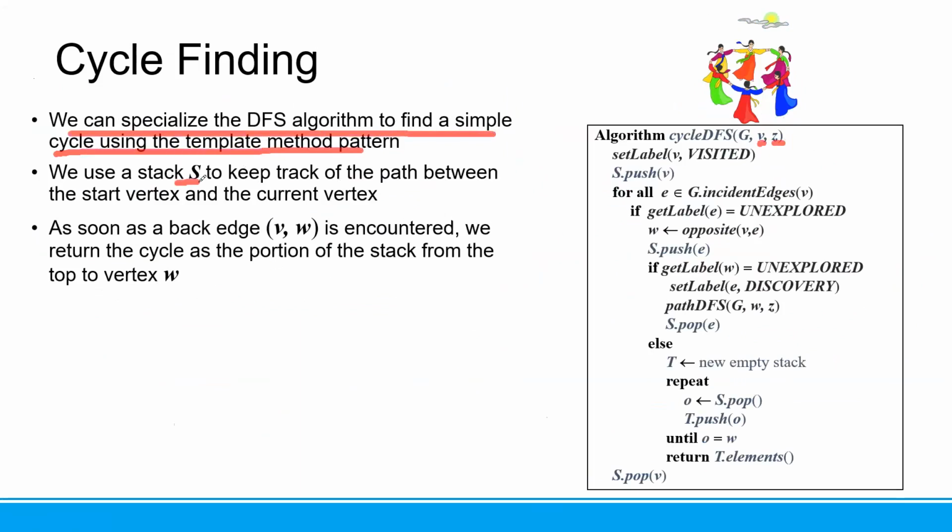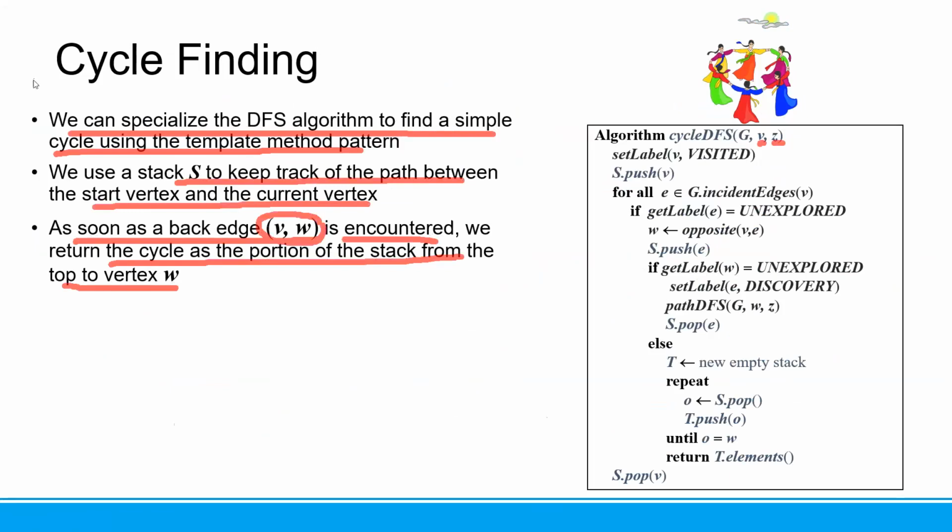So we use the stack again to keep track of the path between the start vertex and the current vertex. As soon as we have the back edge, the V and W, we return the cycle as the portion of the stack from the top to vertex W.